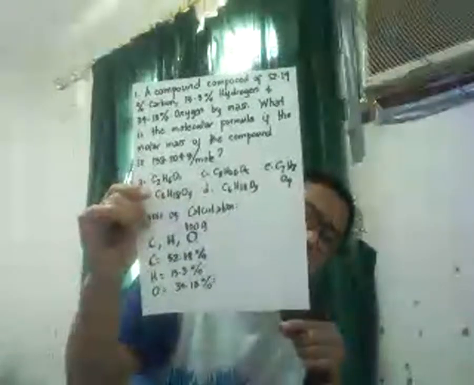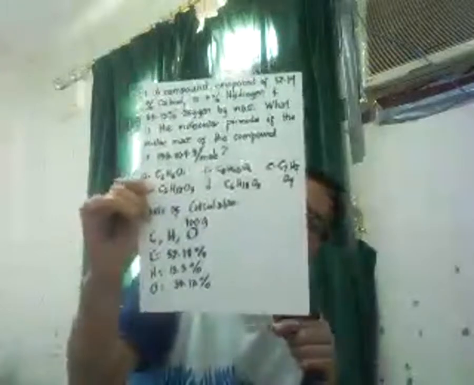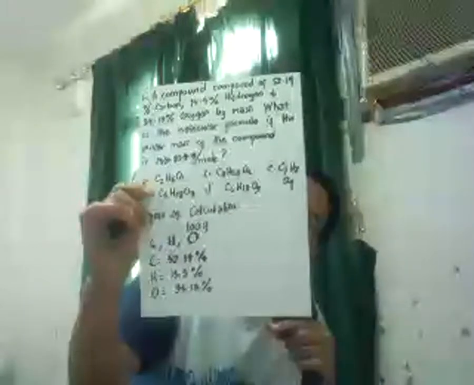So you need to compute the mass of carbon, hydrogen, and oxygen. If we have 100 grams, then we can say 52.14 divided by 100, which is in percent, because 100% is always the basis.